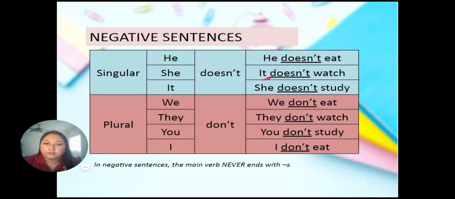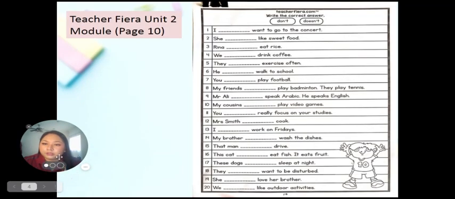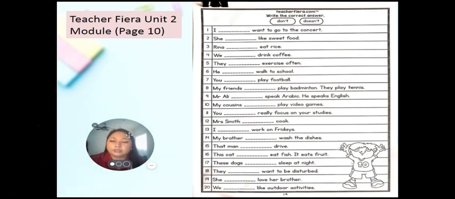Okay, for negative here, he doesn't eat. Dia ada S. Bermaksud ini adalah singular. Okay, and then plural, we don't have S. Okay, satu tip yang murid boleh ingat, singular saja kita ada S pada verb, untuk present simple.